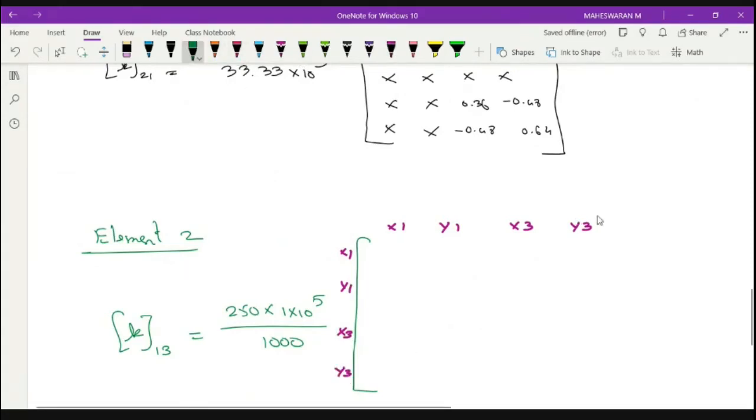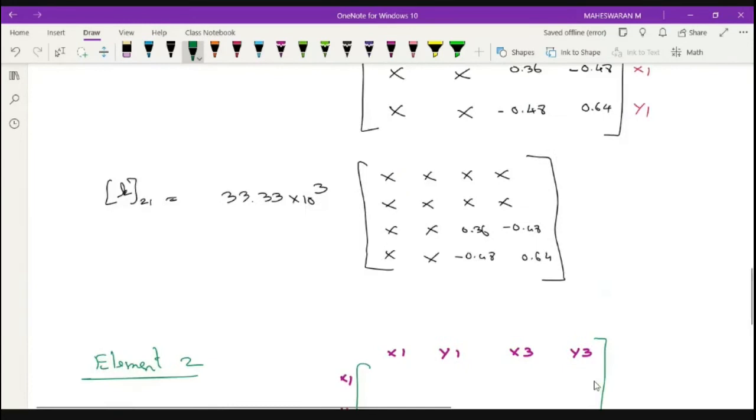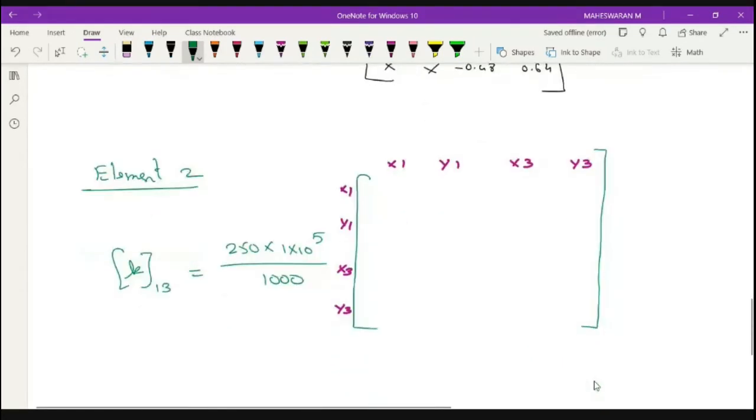So these are the terms we have. Okay, so 3 is fixed. In that case, whatever you have for 3, I'll put x here. So these terms we don't have.